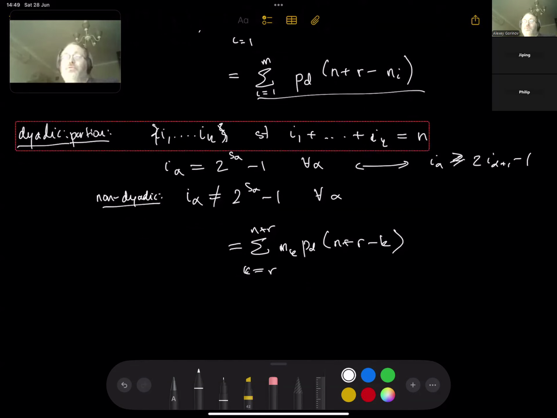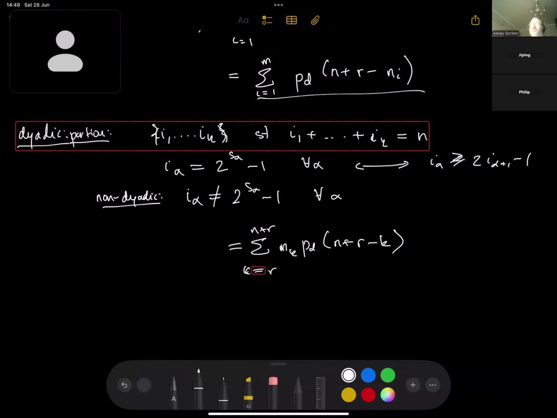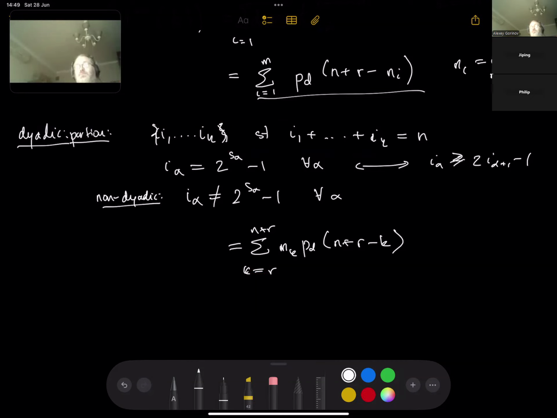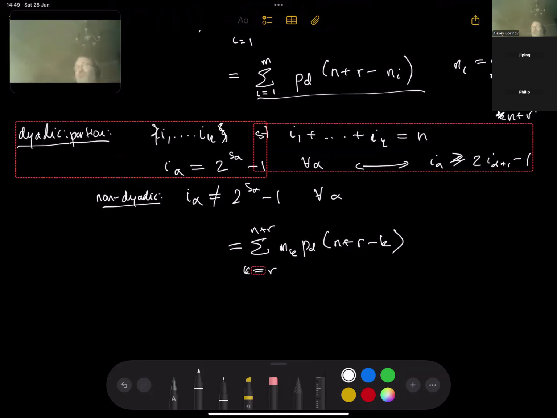Jipping, what do you think about this formula? Maybe this is just a direct computation. Yes, it is. But do you understand how to check this calculation? Here n_i is either r, r plus 1, etc., to n plus r. I'm just rewriting the sum, nothing inside p_d changes.